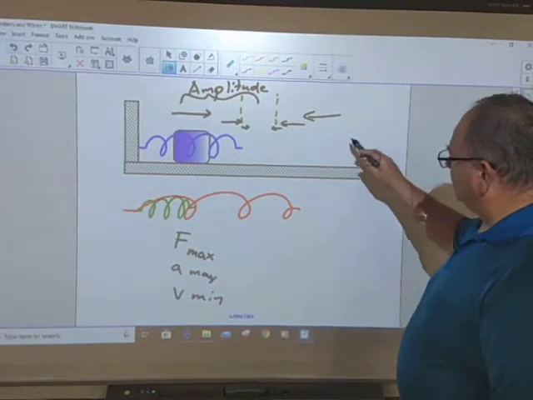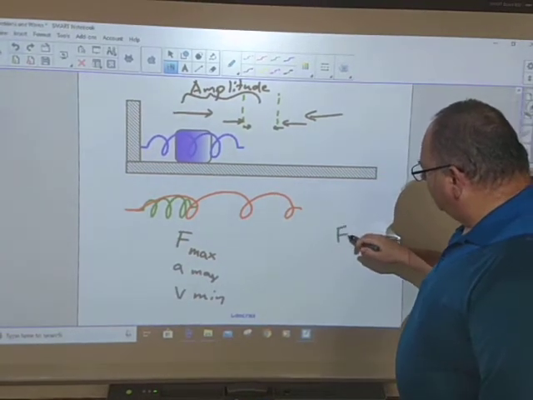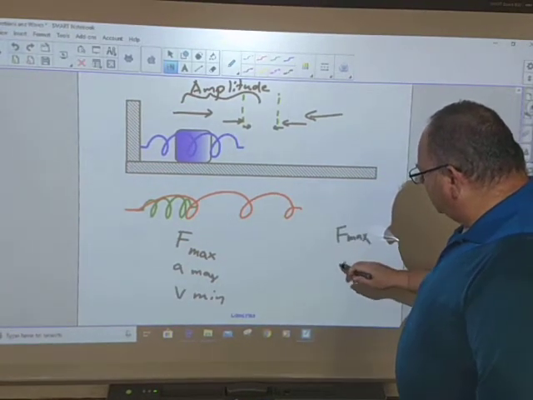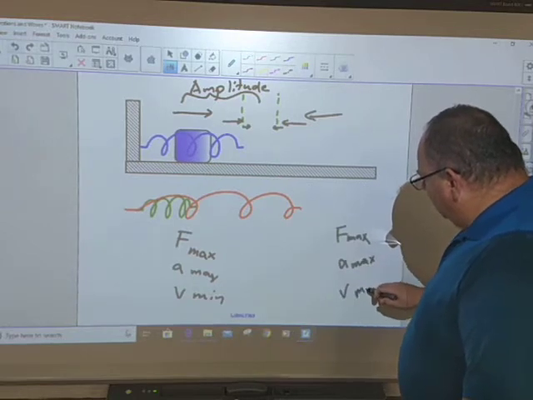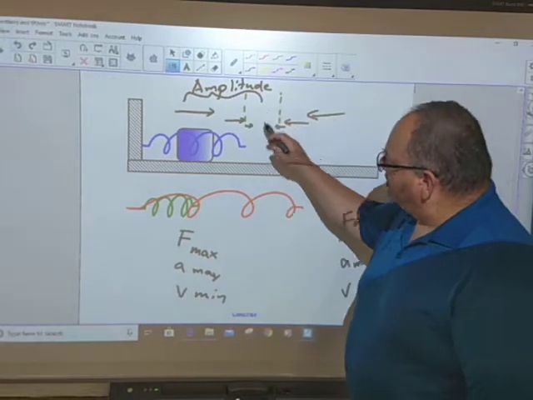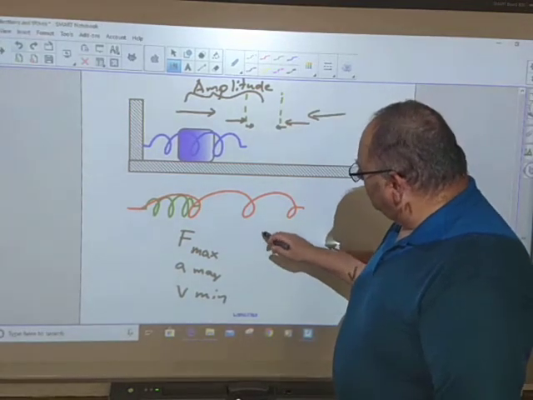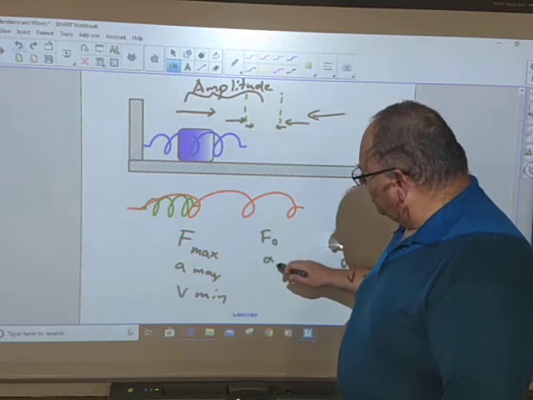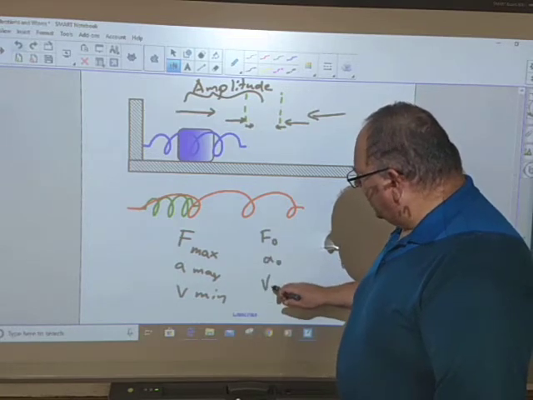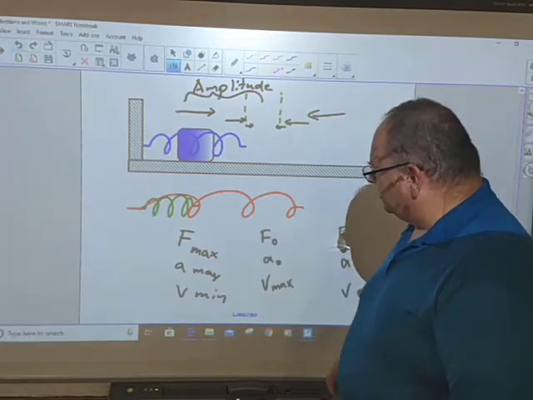When we get back to this side, the force is going to be at a maximum, the acceleration is going to be at a maximum, the velocity is going to be at a minimum. Now, at the equilibrium position, the force is going to be zero. The acceleration is going to be zero, but the velocity is going to be at a maximum.